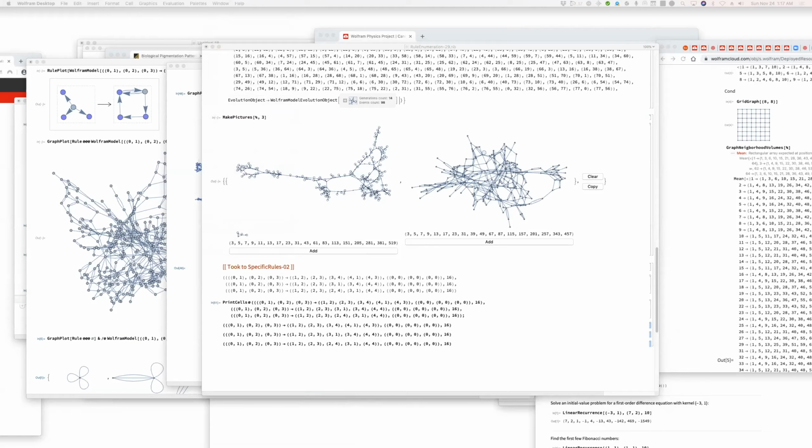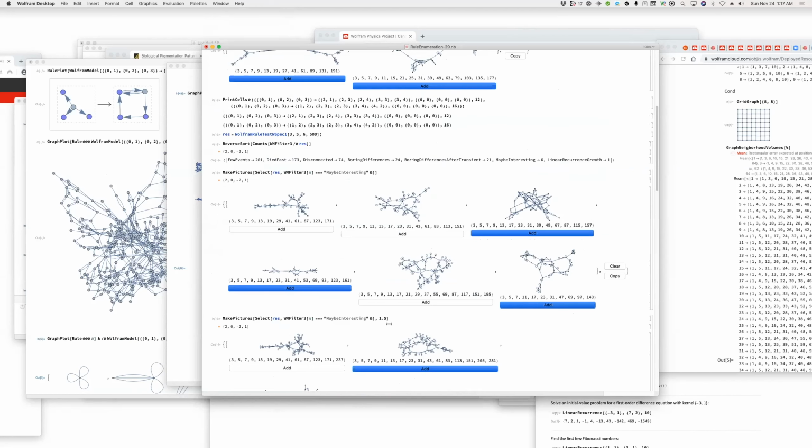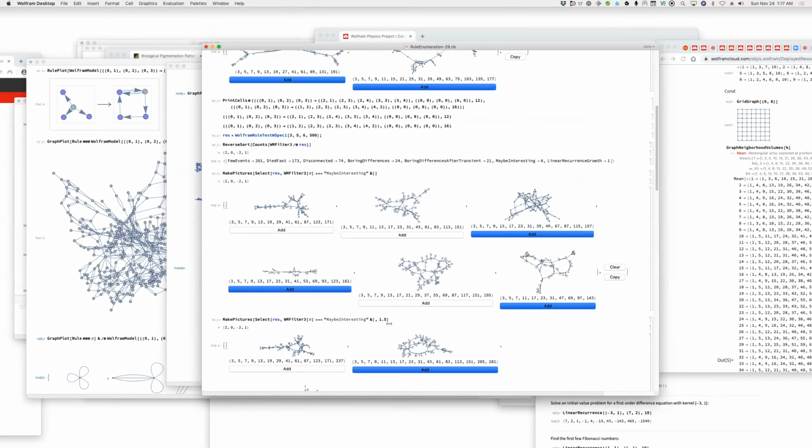Right. Somehow it doesn't grow nearly as much anymore.